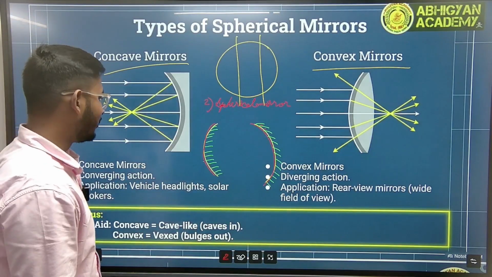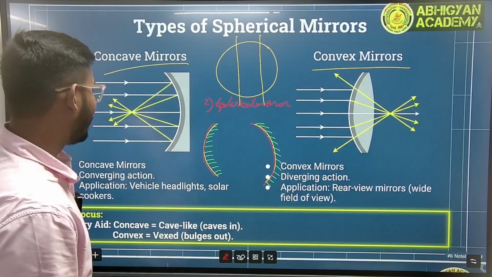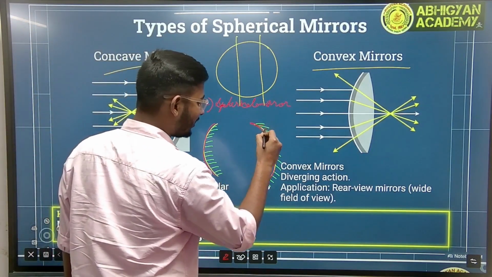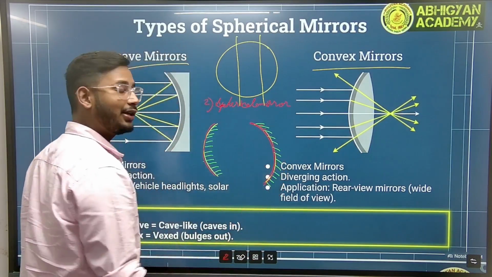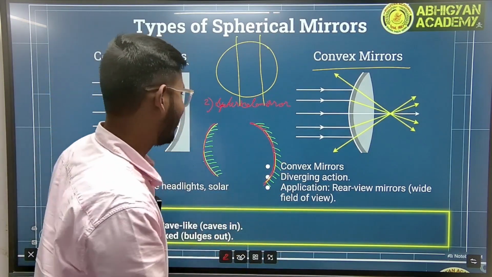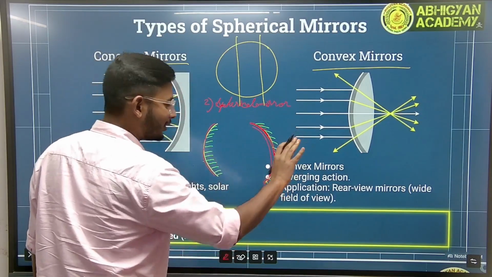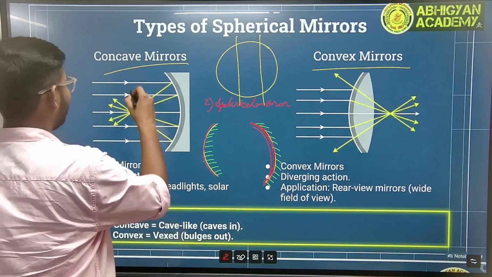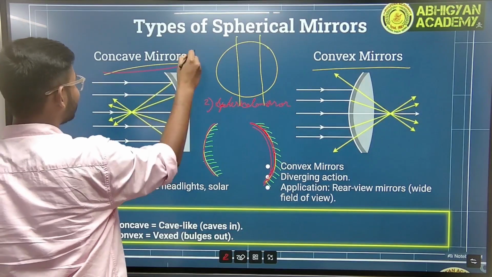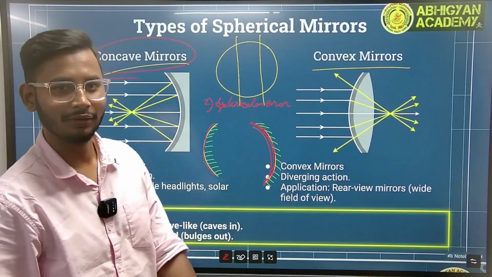So when the reflecting side is inwards, in this surface the reflecting side is inwards, then we call this a concave mirror.